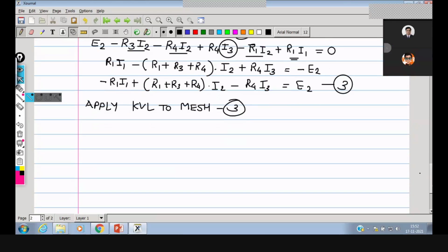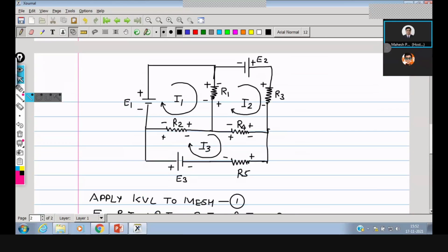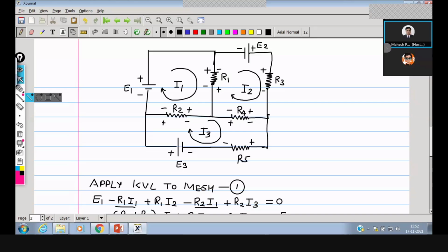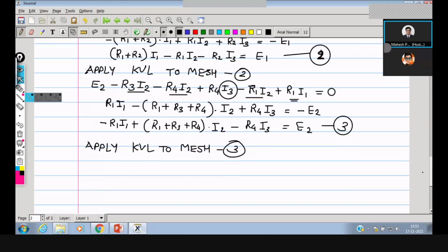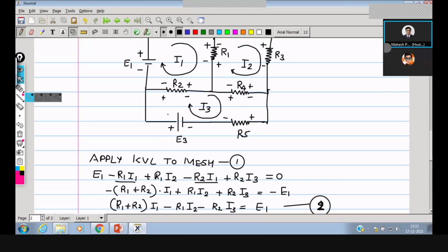So in this case, looking at the figure in your notebook, first of all, we'll write plus E3, because the direction of current and the polarity of the battery show it is a rise in voltage. Fine. So here we can write E3, correct, minus, and after that comes R2.